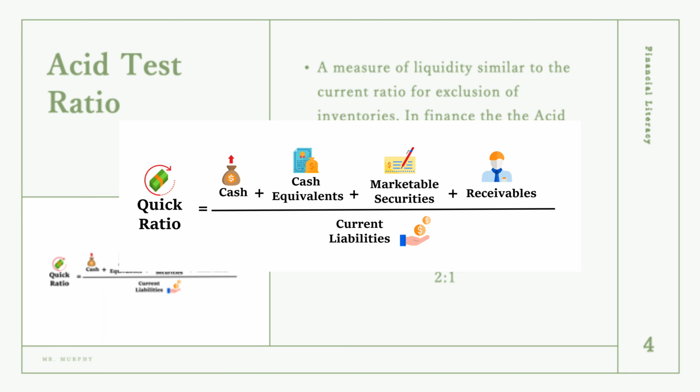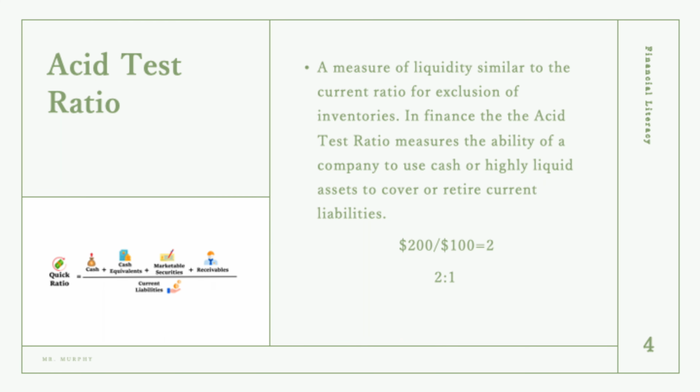Now we would add up all that, and then divide that by our current liabilities, and we would get a number. So let's do the calculation. Let's say we had a business that had $200 in current assets and $100 in current liabilities. What we would do is take our current assets and divide them by current liabilities, and we would get a number of 2.